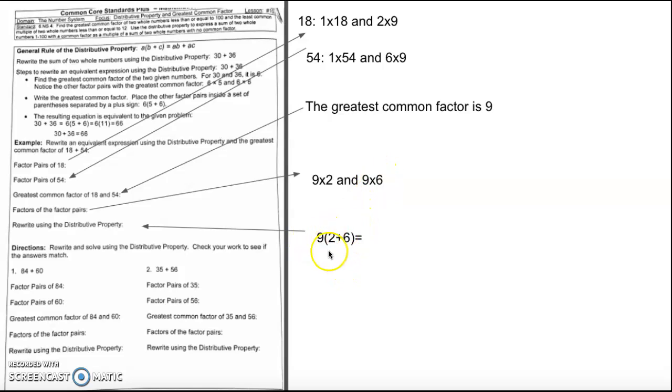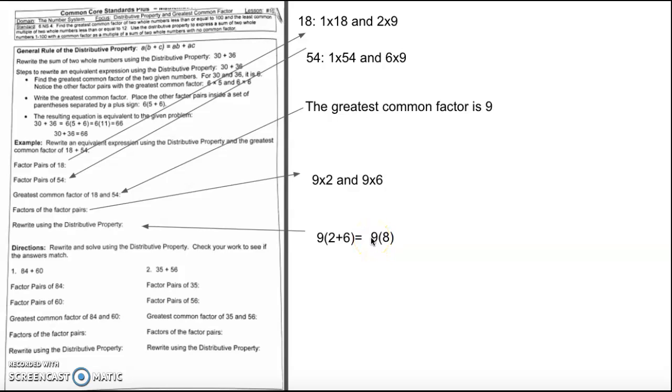So now this is telling us 9 times the sum of 2 plus 6. So just like, please excuse my dear Aunt Sally, we do the parentheses first. So 2 plus 6 is 8. And then we have to have that 9 out there because we haven't used it yet.